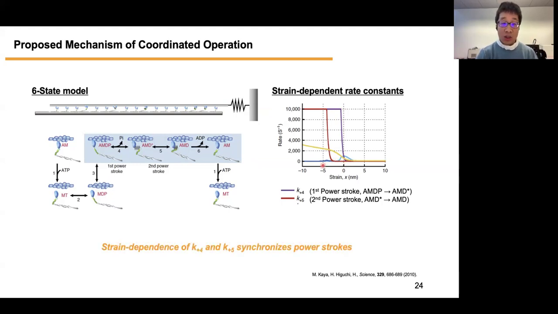Their point was that this strain dependence of K plus 4 and K plus 5 actually synchronizes the power strokes. Because when some myosin starts the power stroke, it moves this actin filament from right to left. And this causes a negative strain, and it accelerates the power strokes for other myosins. So there is an autocatalytic or positive feedback loop here.